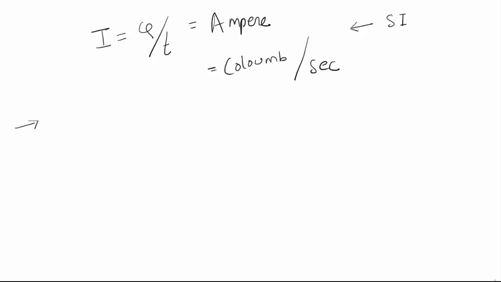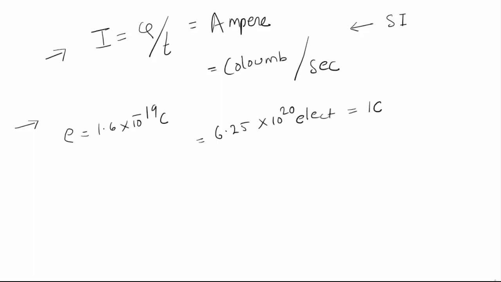This is a very clear case. We saw that the electron has a charge of 1.6 into 10 raised to minus 19 coulomb, and you need something like 6.25 into 10 raised to 20 electrons to get 1 coulomb of charge.